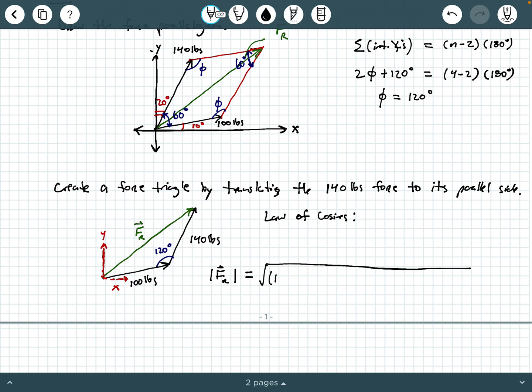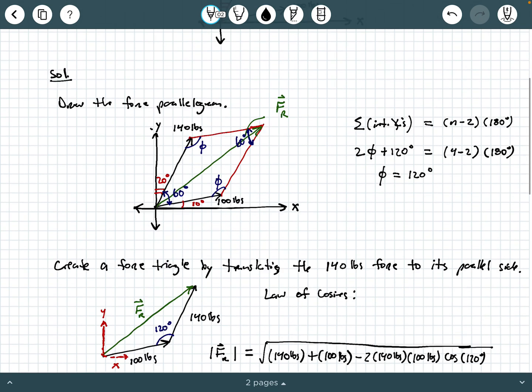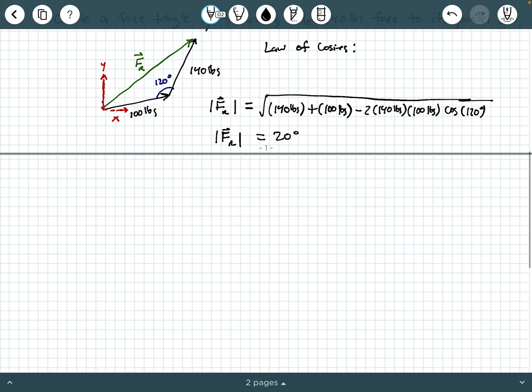One more time: 140 pounds squared plus 100 pounds squared minus 2 times 140 pounds times 100 pounds times cosine of 120 degrees. Make sure your calculator is in degree mode. You'll crank this through and you'll get the resultant force being 208.8 pounds, and that's part of my answer.